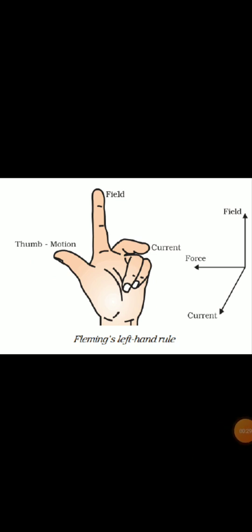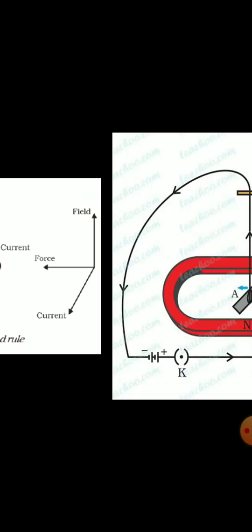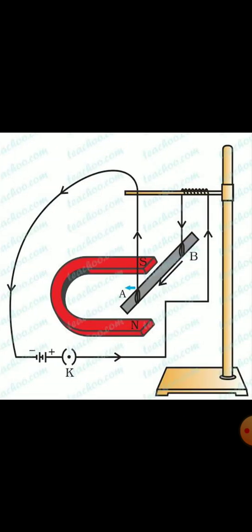Students, previously we have also learned the right hand thumb rule, and now we are going to learn Fleming's left hand rule. The activity which we learned before, there we considered the direction of the current and that of the magnetic field perpendicular to each other, right?